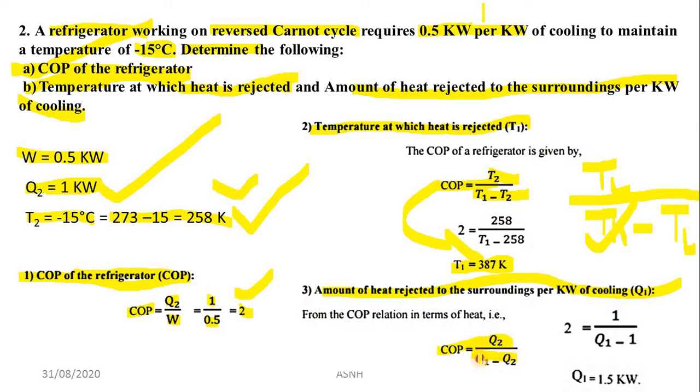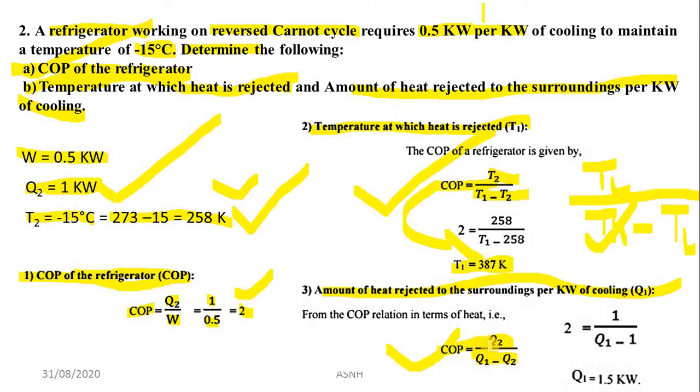In terms of heat, Q1 and Q2, that is heat rejected and heat absorbed, on the basis of temperature the Carnot COP is calculated by this, and on the basis of heat the Carnot COP is calculated by using this method.